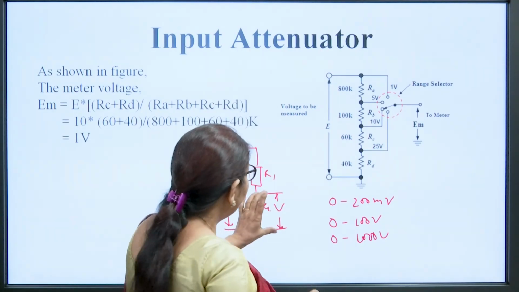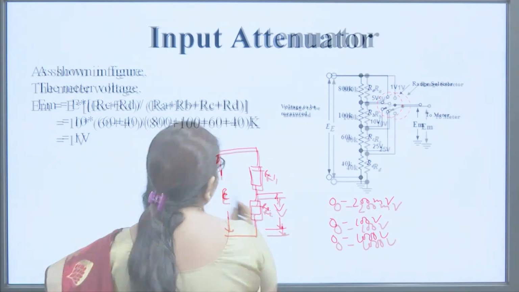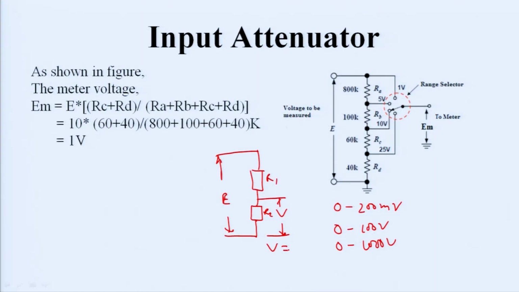So, the voltage V is equal to the resistance across which we want to measure the voltage, divided by the total circuit resistance. So, it is divided by R1 plus R2, into E. This is the voltage divider rule.